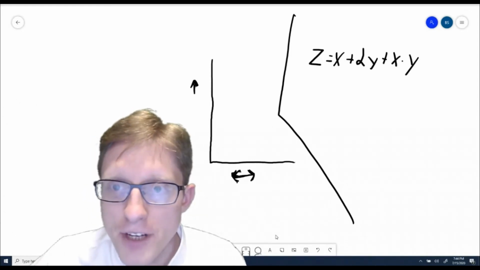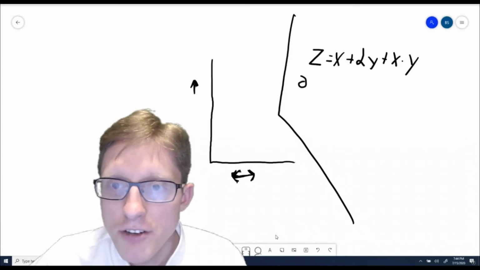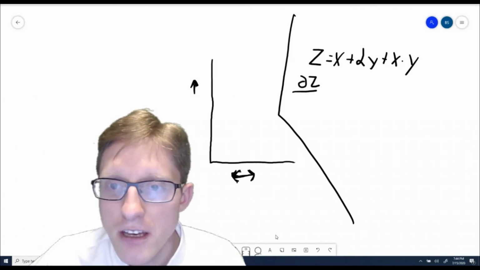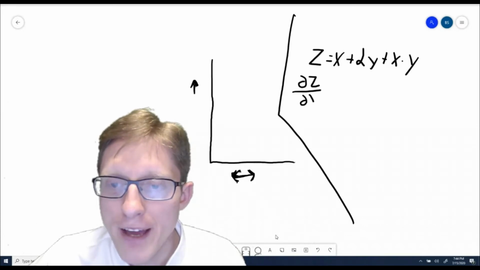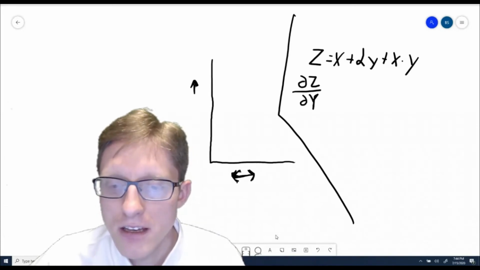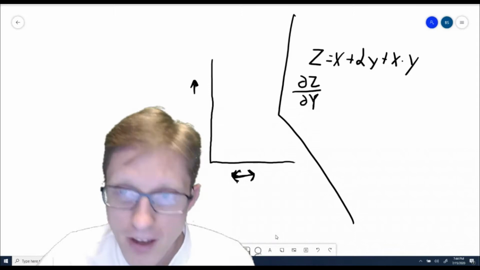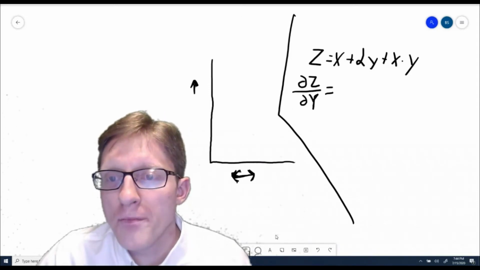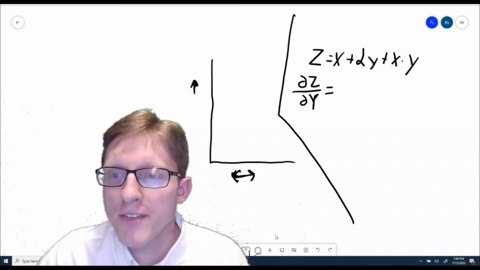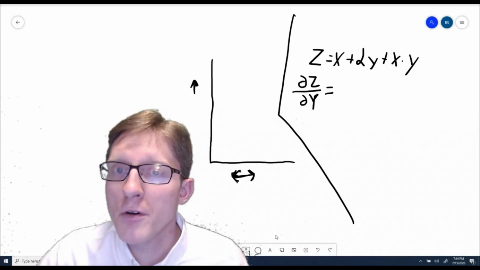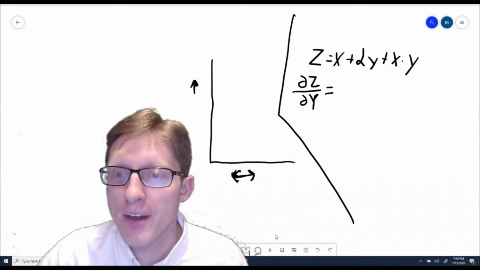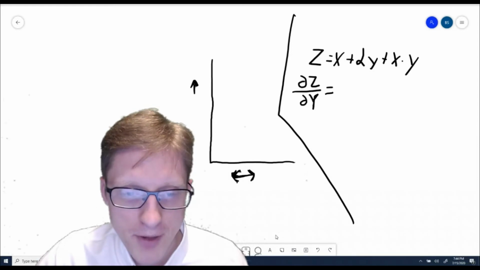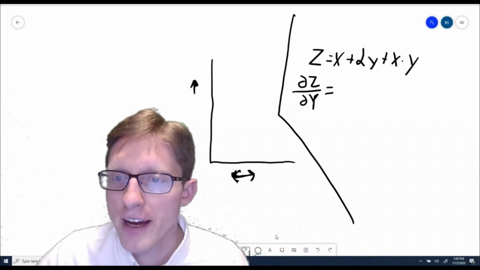And let's say that we're taking the partial derivative of z with respect to y. Now let's do that. We have three terms added together. We're going to take the partial derivative of each and add them together. So let's look at this first term here. It's just equal to x.